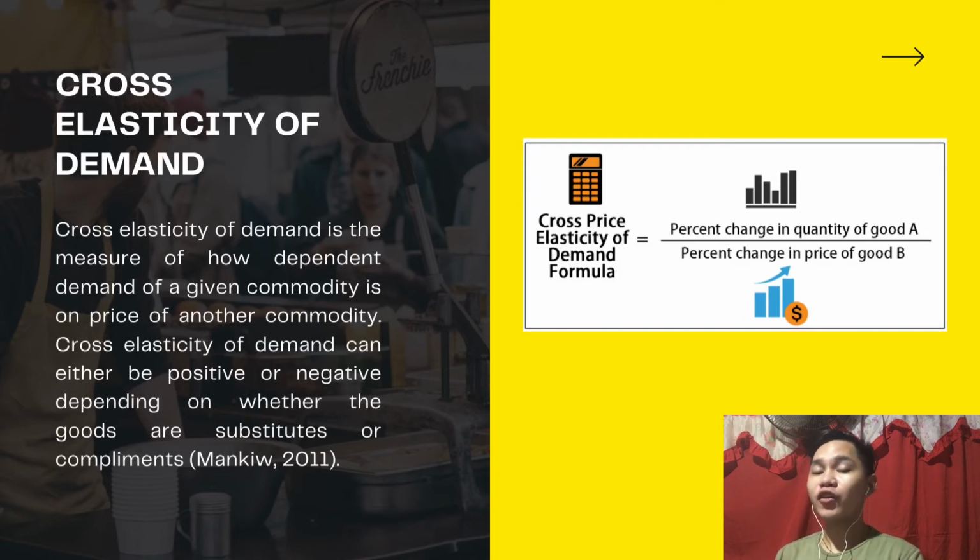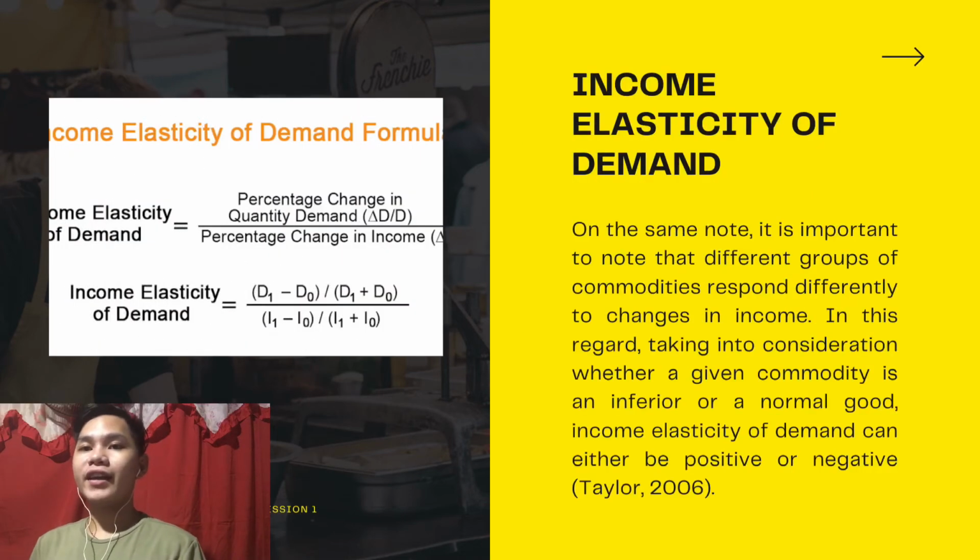Cross-elasticity of demand is the measure of how dependent demand of a given commodity is on the price of another commodity. In short, cross-elasticity of demand can be either positive or negative depending on whether the goods are substitutes or complements.